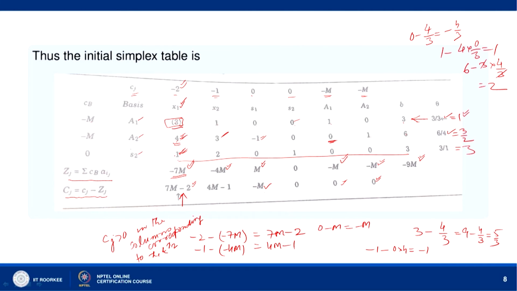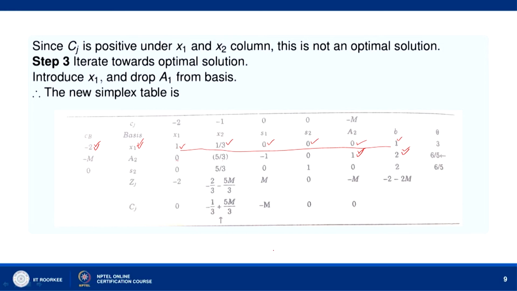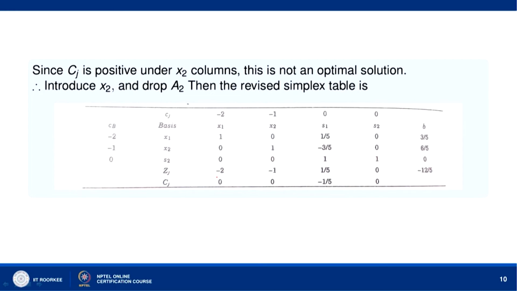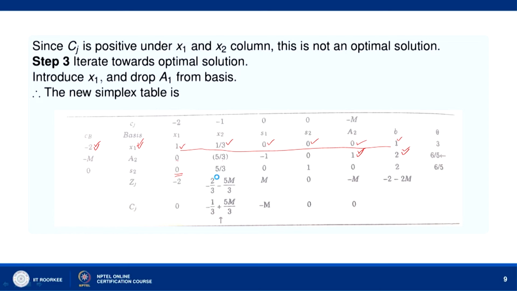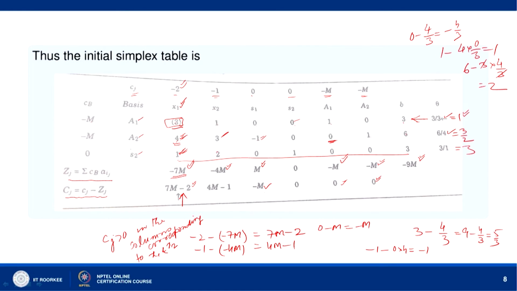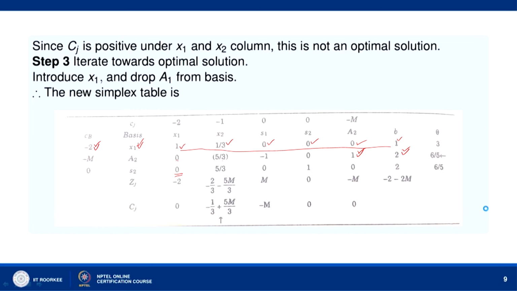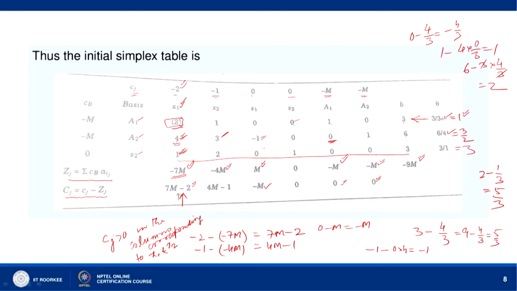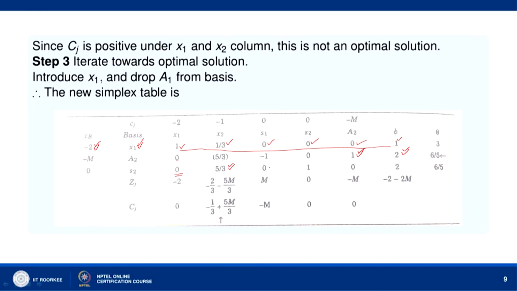This will become 0 here, and then here we have 2, and after dividing by 3 it became 1 by 3. So, 2 minus 1 by 3 will be 5 by 3, okay. And here, 0 minus 0 is 0, so we have 0 here.